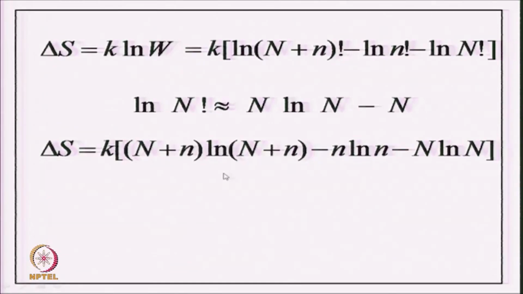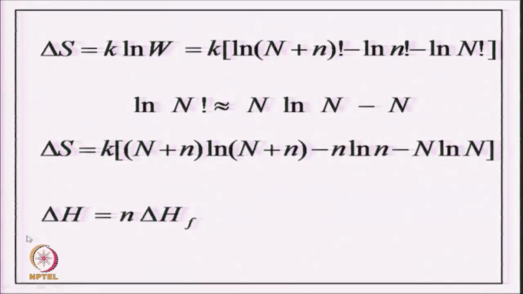Now, there are no factorials, I have simply capital N plus small n log capital N plus small n minus small n log small n minus capital N log capital N. So, we have a simplified expression for the entropy increase due to the introduction of a small n number of vacancies in capital N number of atoms.